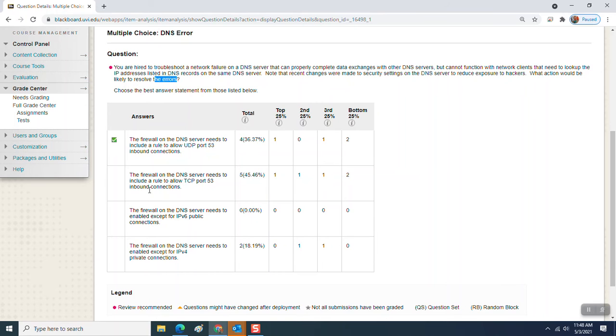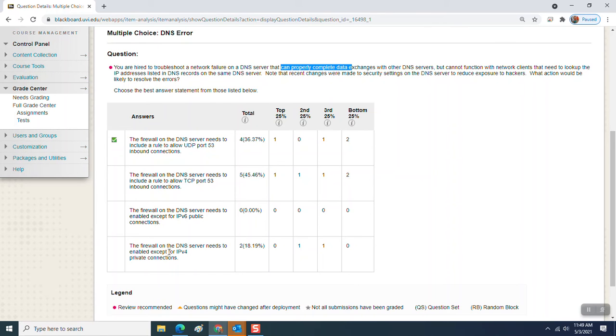So that is an element that you want to configure, and that is a decent answer, but the issue is that you're having a failure with the clients. It says the DNS server can properly complete data exchanges. So the error doesn't have to do with the DNS to DNS server side. So that's the catch here, is that we can communicate properly with DNS servers.